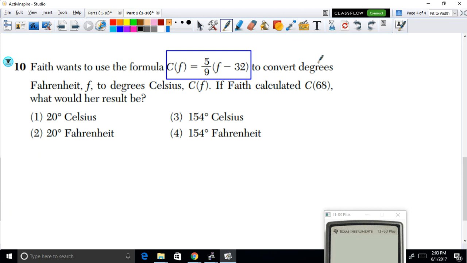This formula converts degrees into Fahrenheit. Oops, I'm sorry, this is not true.